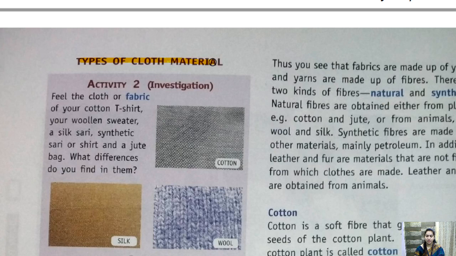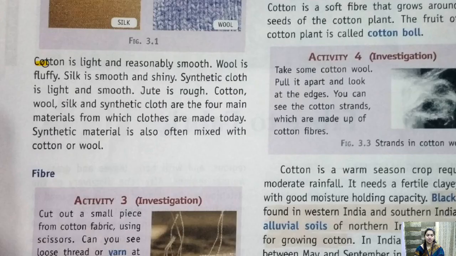So we have different types of cloth material as cotton, wool, silk, synthetic clothes, jute. Alright. We know that cotton is light and smooth, wool is fluffy, silk is smooth and shiny, synthetic clothes are light and smooth, jute is rough. So these are the different types of cloth material.